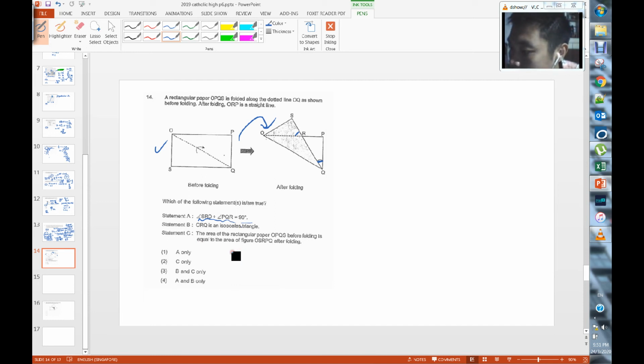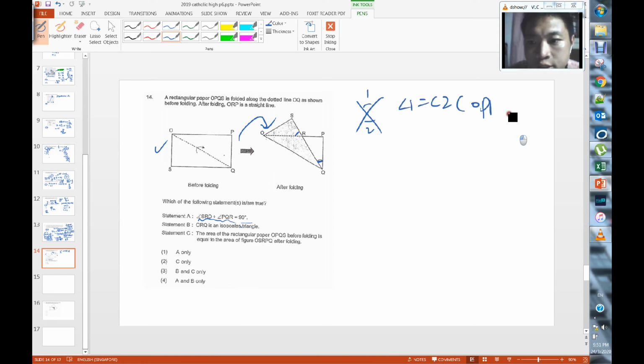Now you need to make use of some of the rules you should have learned so far, and one of them is this. Angle 1 equals angle 2, which is opposite angles. This is one of the rules you should have learned by now.